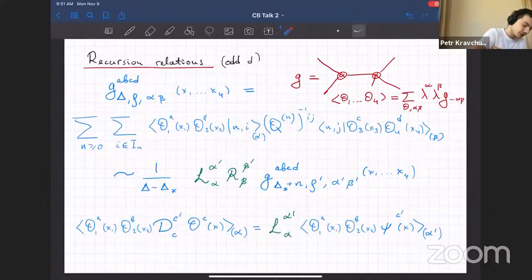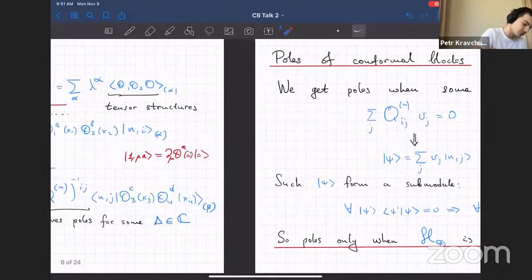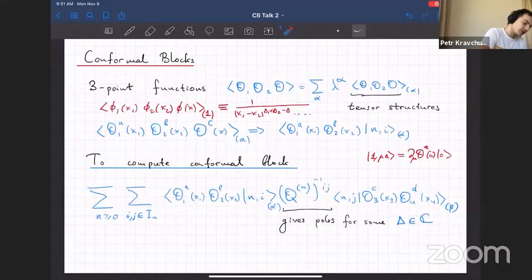Let me go to this equation here. If you take some particular 3-point function, say O1, O2, and O, with fixed O1, fixed O2, and fixed O, then this is a physical 3-point function, and it's supposed to be conformally invariant. It's supposed to satisfy the Ward identities. And you can ask, what are the conformal invariance conditions?